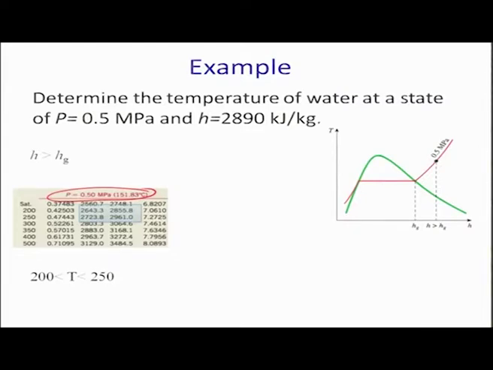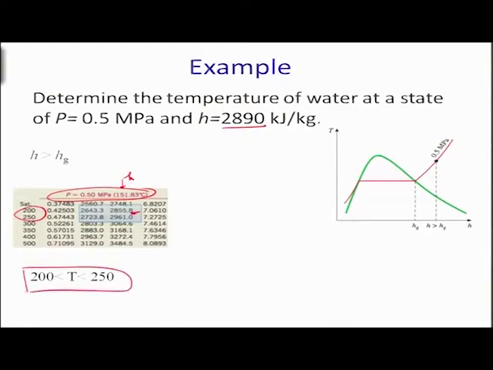We will talk about that later. Within this we look at the value H equal to 2890. This is our H here, and it lies between temperature 200 and 250, because 2890 is in between. So, that means the temperature is in between.